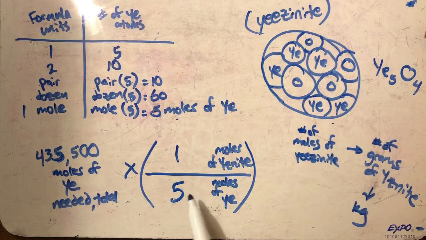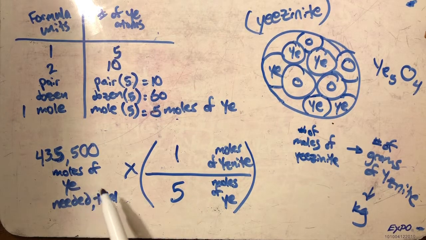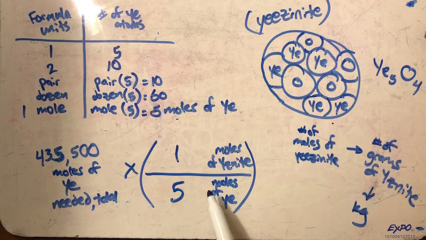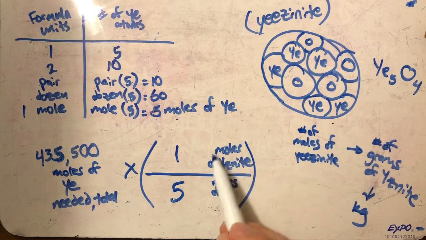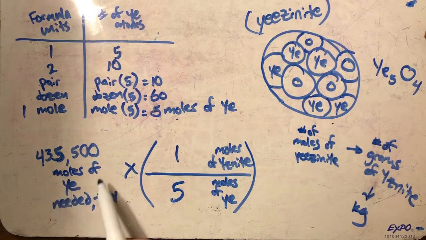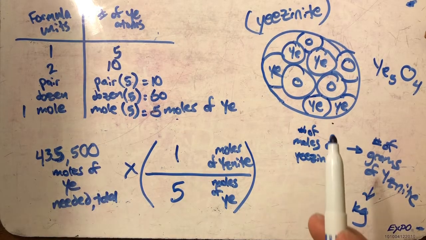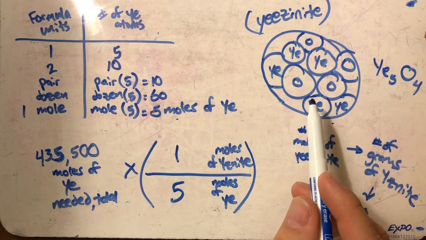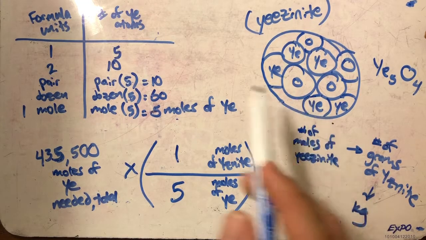We're taking 1/5 of this number. And we can expect that the number we're looking for, the moles of Yeezinite, should be smaller than the number of moles of yttrium that we need, because each mole of Yeezinite will produce 5 moles of yttrium.